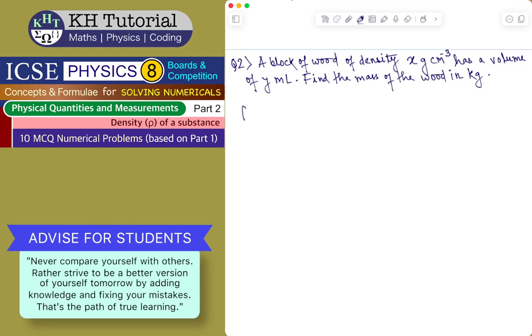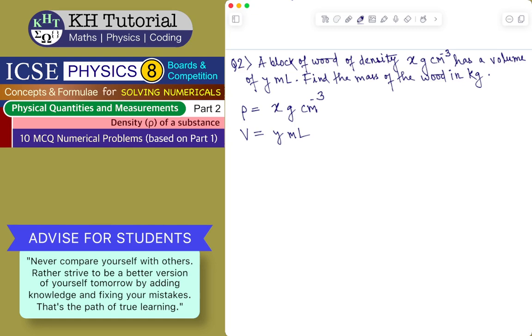The density is given as x gram per centimeter cube, so the density is given in CGS unit. And the volume is given as y milliliter. Ml means small m, capital L, milliliter. We have to find the mass.